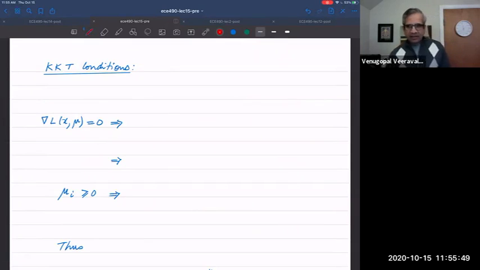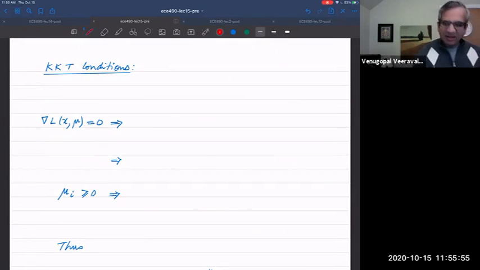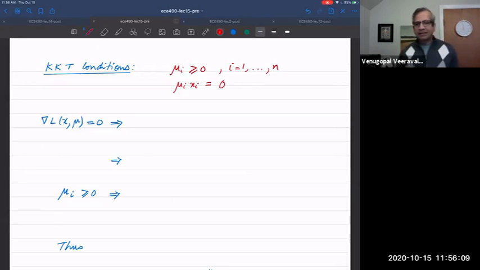Let's write the KKT conditions. Of course, we have to have that the mu i are non-negative. Mu i xi has to be 0. This is complementary slackness for the first n conditions.